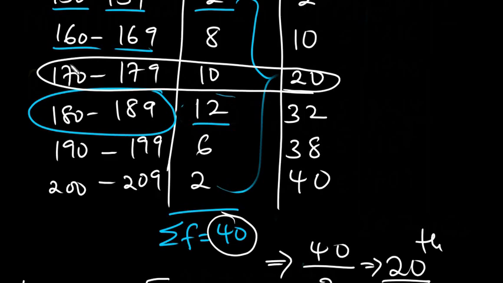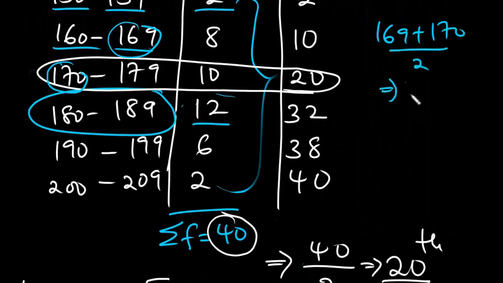To get the lower limit, we add 169 plus 170 and divide by 2, and it's going to be 169.5. So that is the lower class limit of our median class.